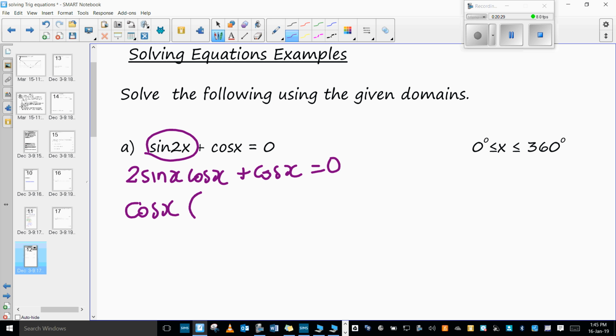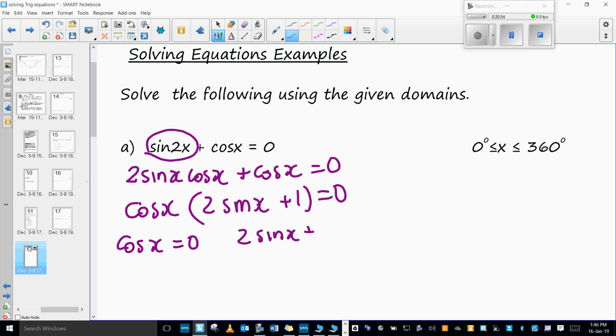And what would be in my bracket? 2 sine x plus 1. Alright, so that means that either cos x has to equal 0, or 2 sine x plus 1 has to equal 0.